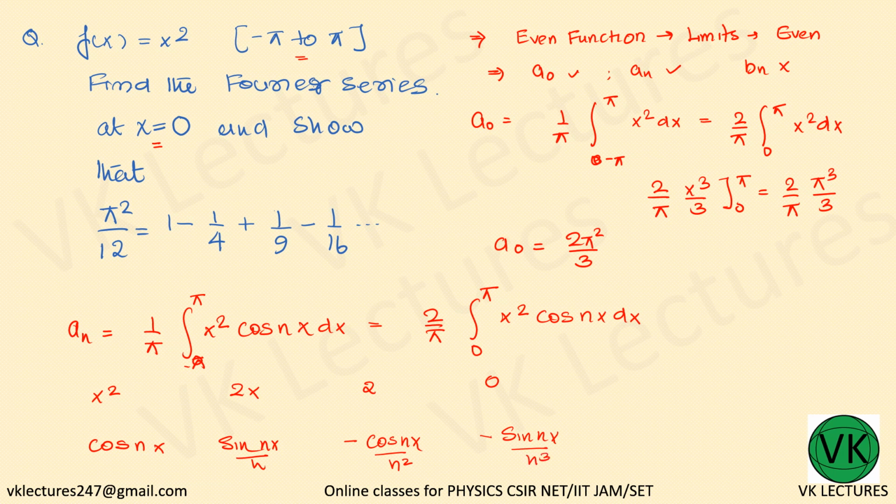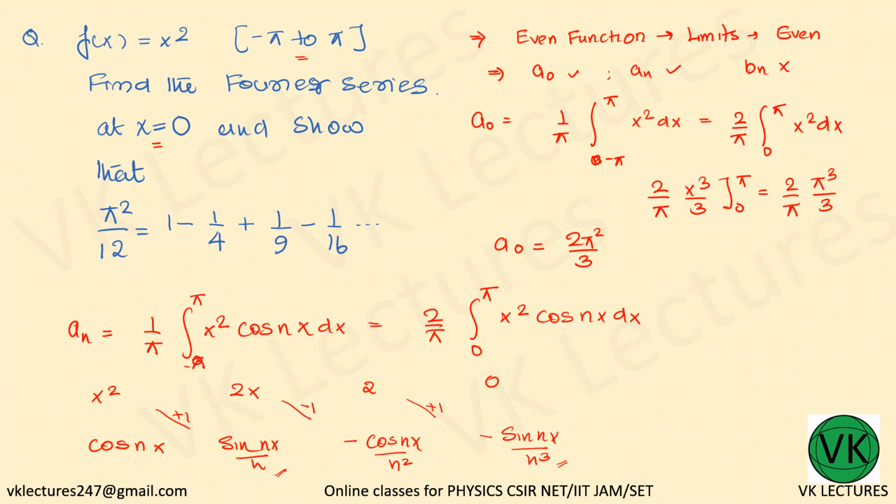Now here it's multiplied by plus 1, minus 1, plus 1. So here itself we can say that the sine terms, from 0 to pi, will go to zero. So this is 0, this is also 0.